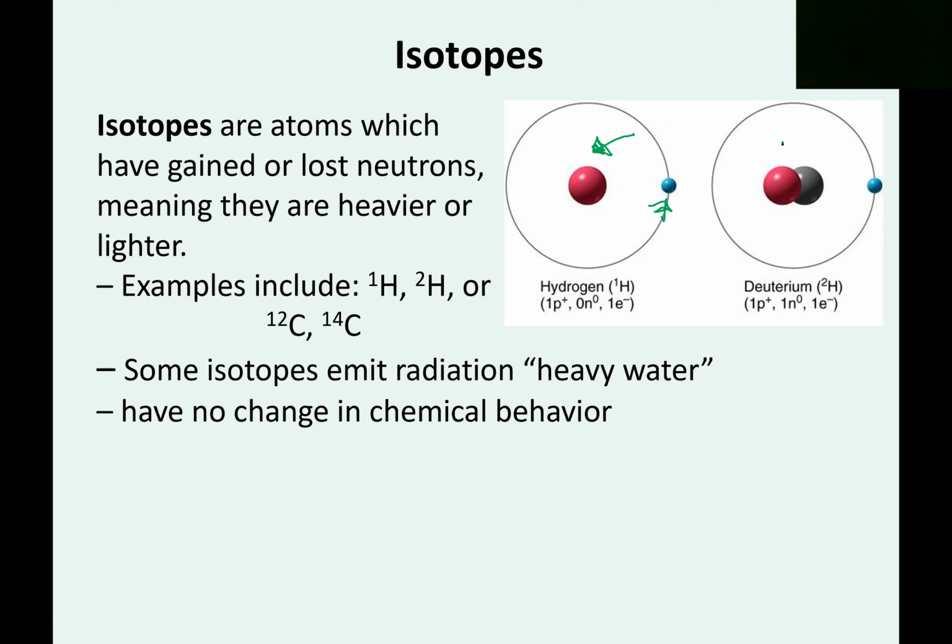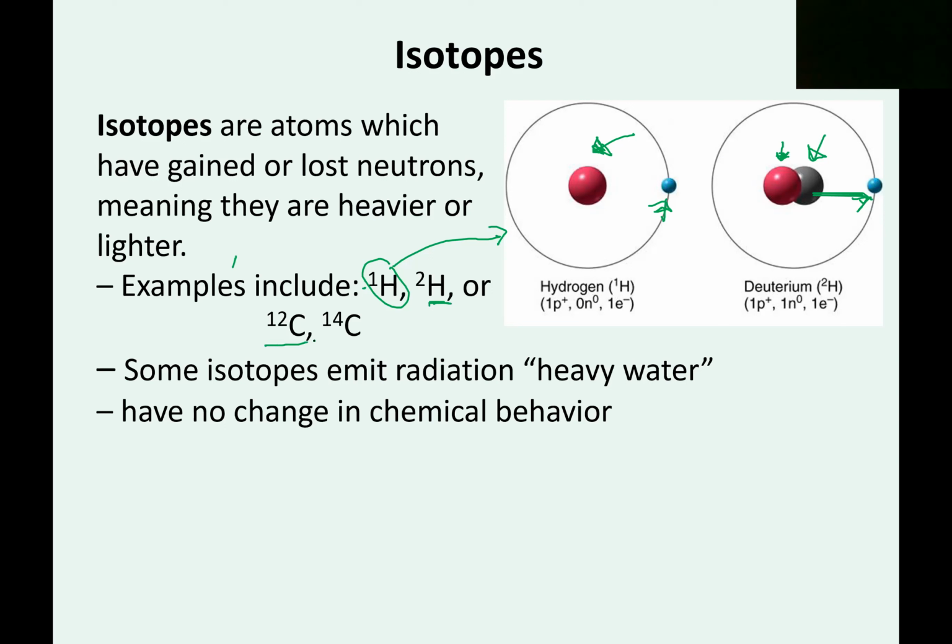Here we have heavy hydrogen where you've got a proton, a neutron, and an electron. So it's got a different mass. The 2 and the 1 deal with the atomic mass.